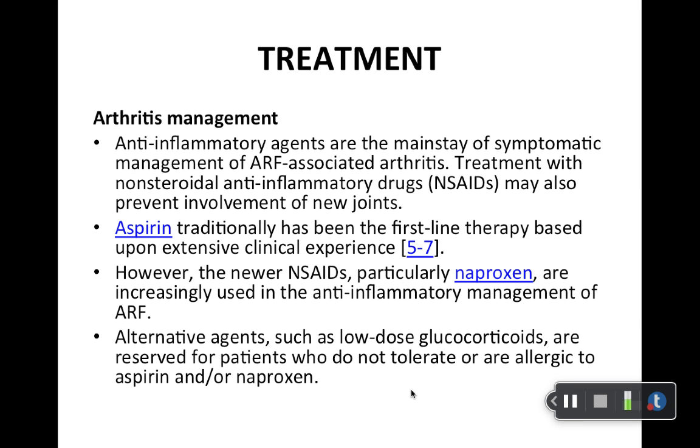So take-home point for my test, if there are any questions about arthritis management, just remember NSAIDs and then specifically naproxen. There can be low dose glucocorticoids, but those are not first line.